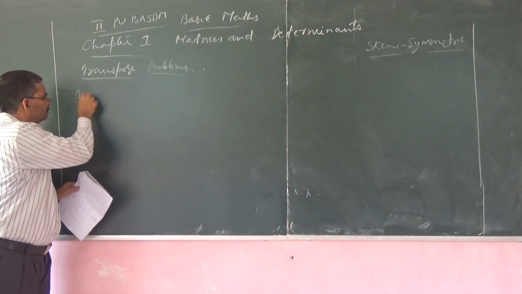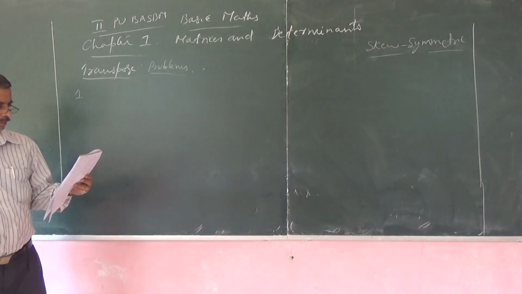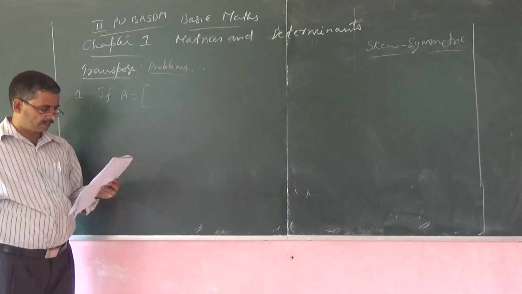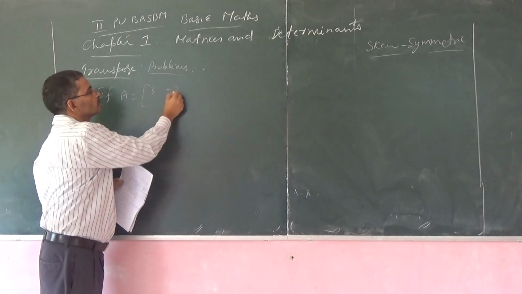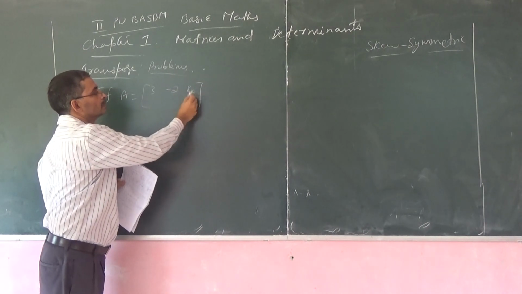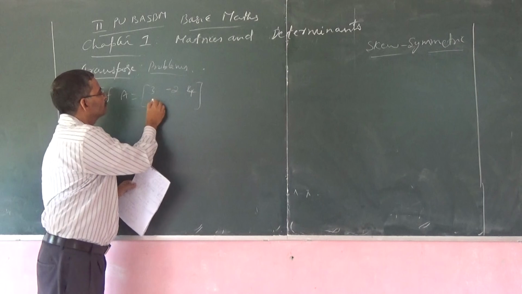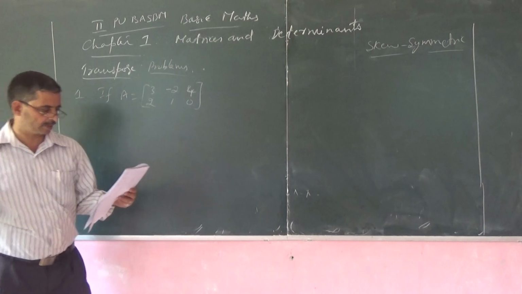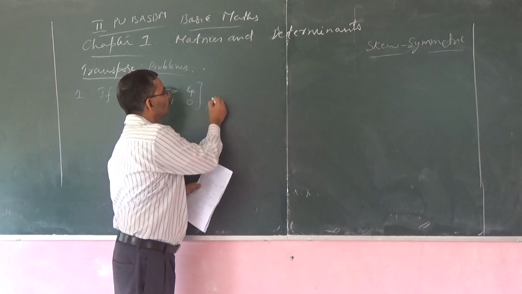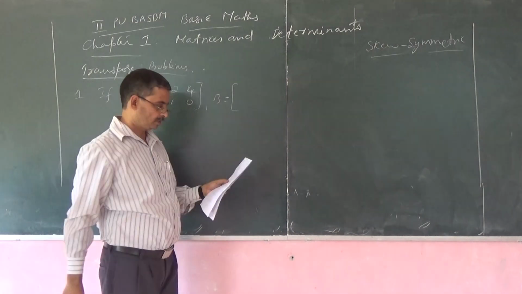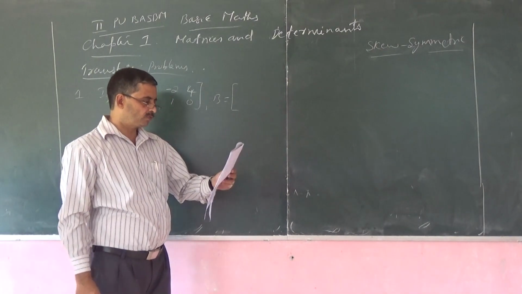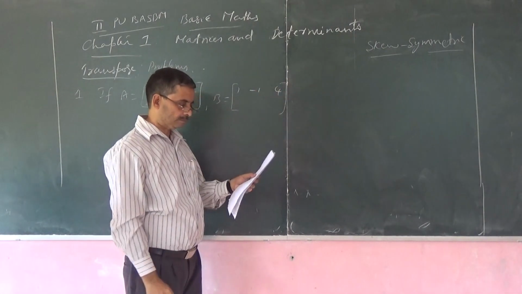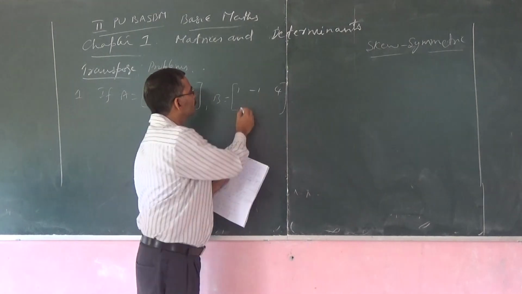So if A is given as 3 minus 2 4, 2 1 0, and B equals 1 minus 1 4, 6 2 5.